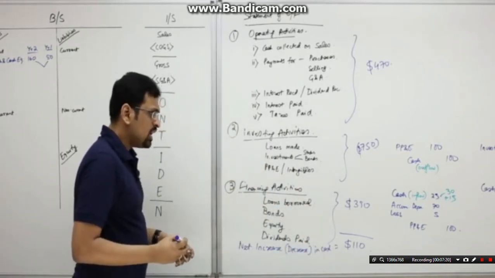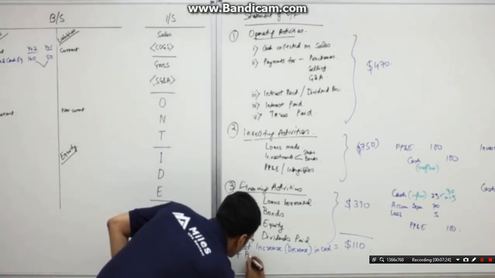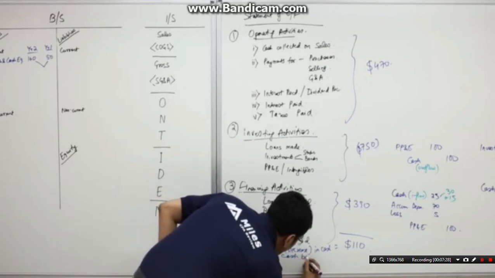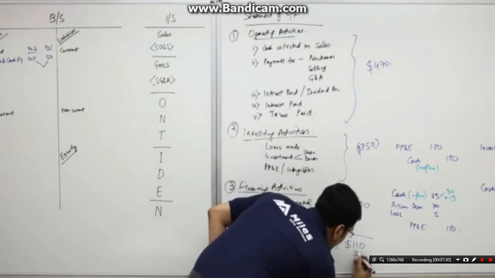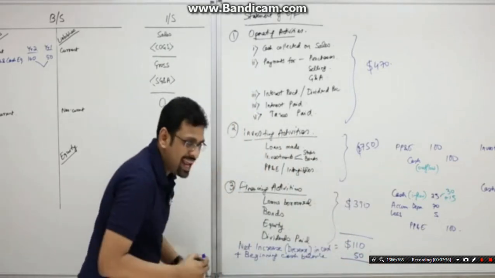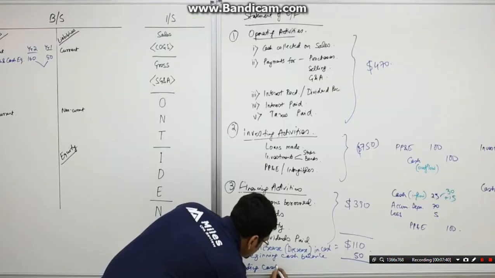Now to this, I add the cash at the beginning of the year, the beginning cash balance, and let's say at the beginning of the year we had $50,000 of cash. What's the net cash at the end of the year, or the ending cash balance?